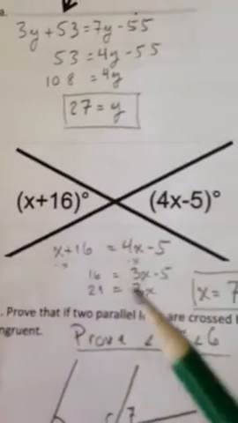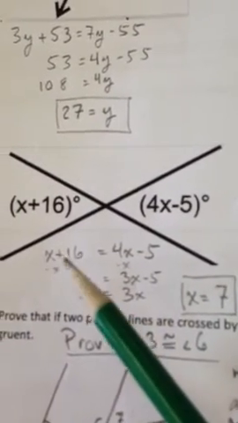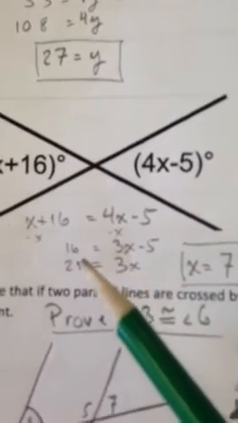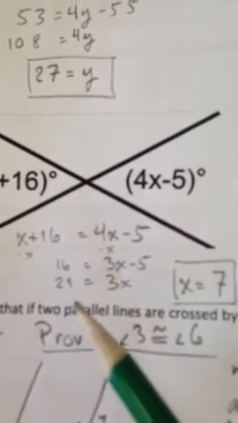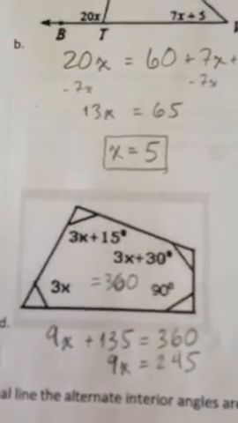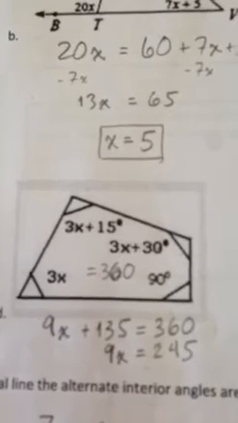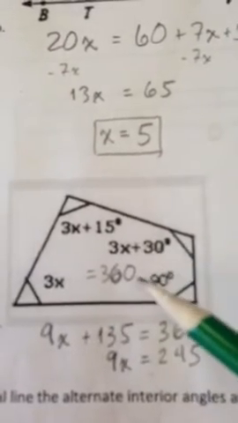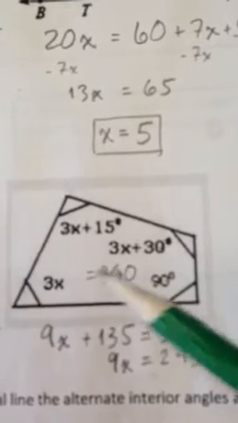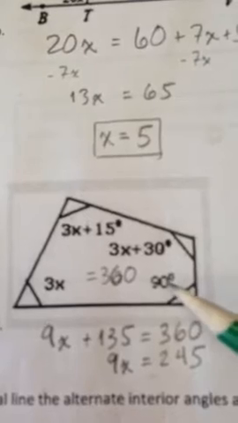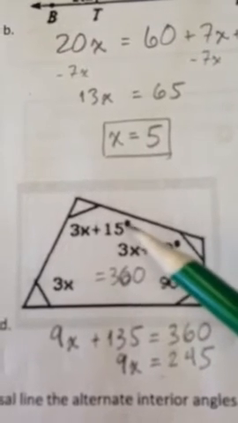Here we have a couple of vertical angles. So x plus 16 equals 4x minus 5. I work that equation out, and I get x equals 7. Okay? And over here, it looks like I forgot to finish this one, but I'm setting all of these angles together to equal 360. So that's 9x plus, let's see, 90 plus 30 is 120 plus 15 is 135.